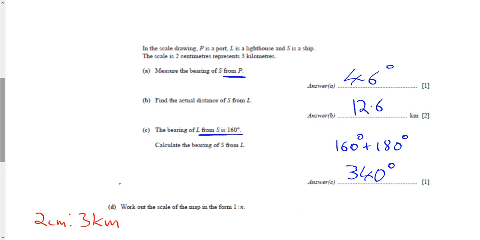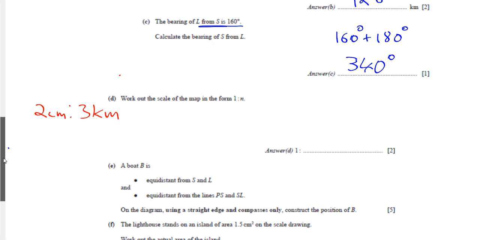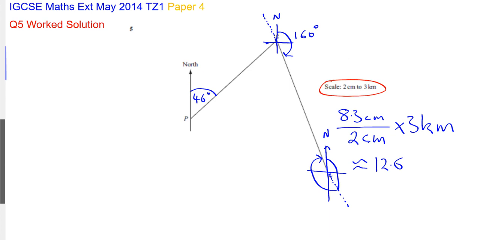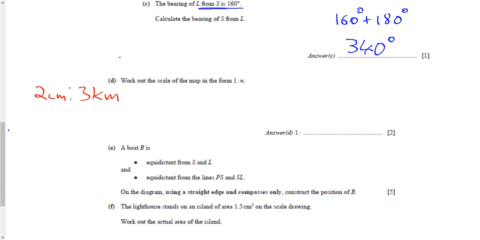So what we're going to do is, we'll put these into the same terms here. So let's simplify this. Well, what we do know from there, let's put this all into centimeters. Okay, so 2 centimeters. How many centimeters is 3 kilometers?